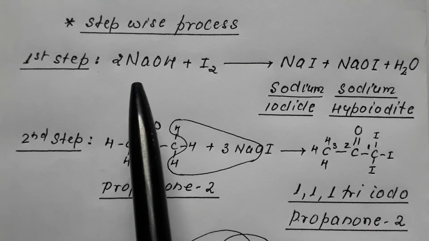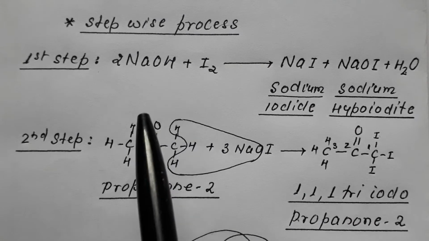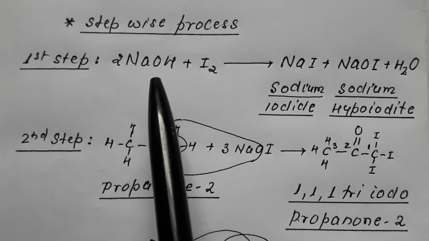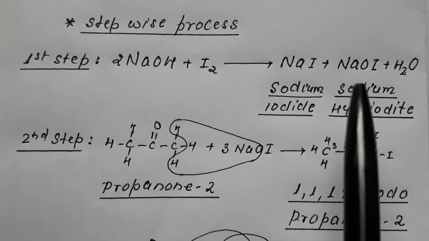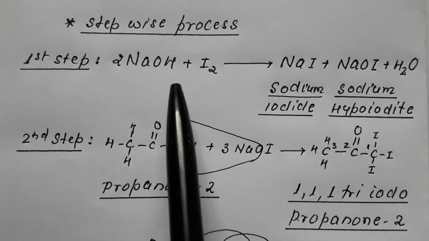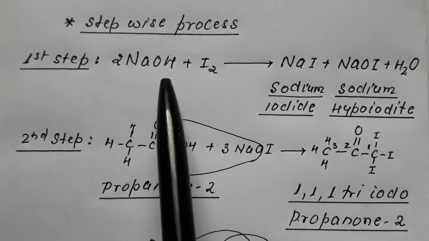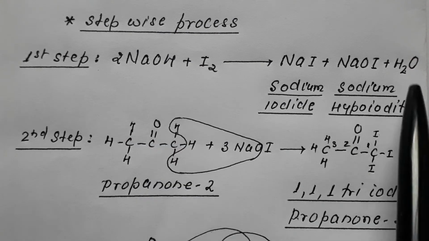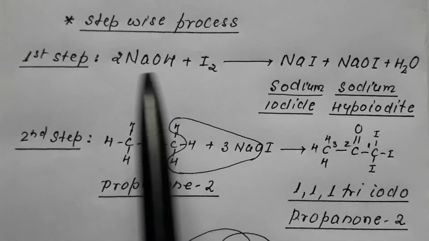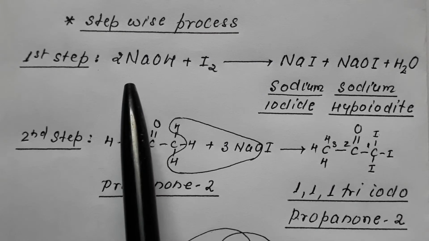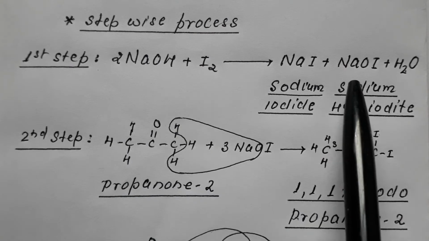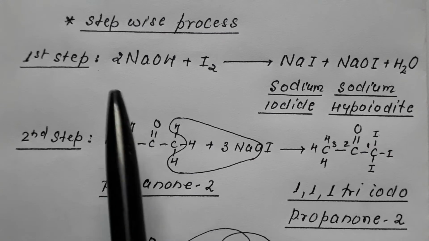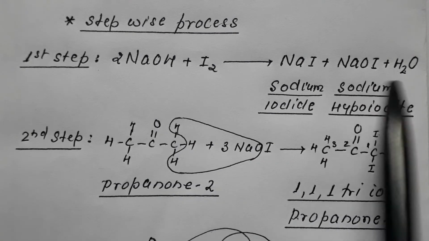Then one Na, one O, and the left over one I forms NaOI, and 2H and 1 O is left over, forming a water molecule, H2O.